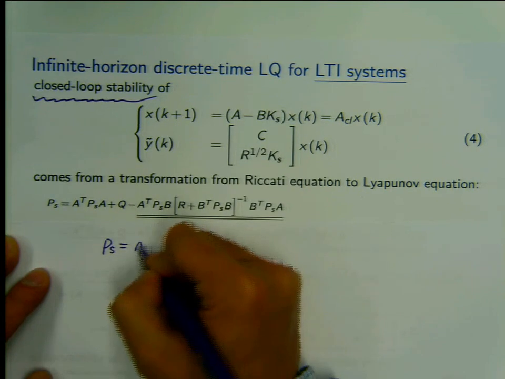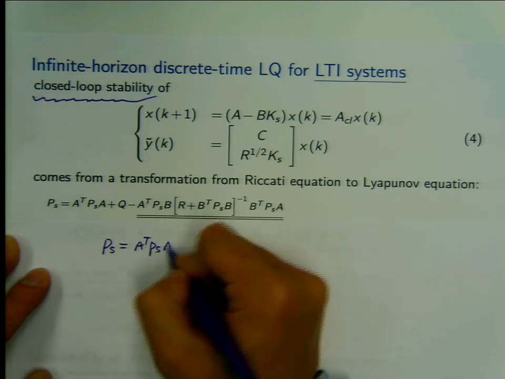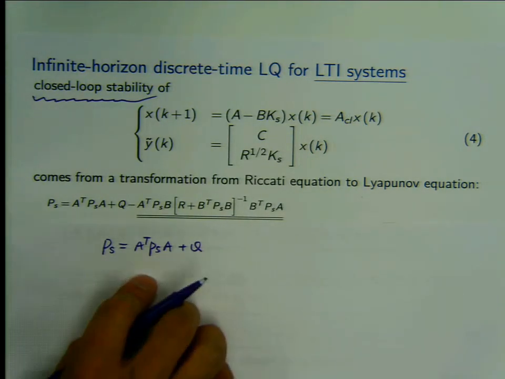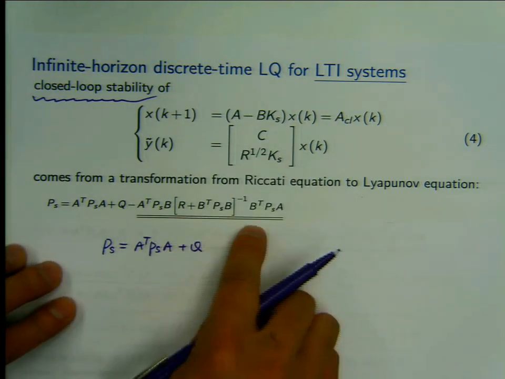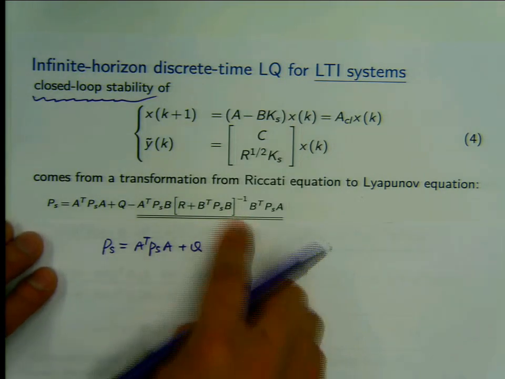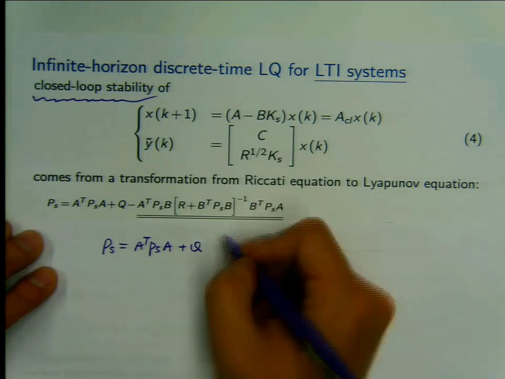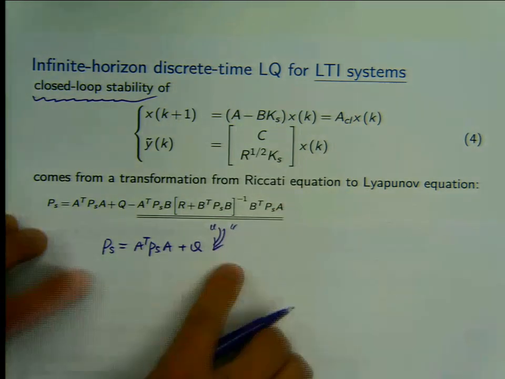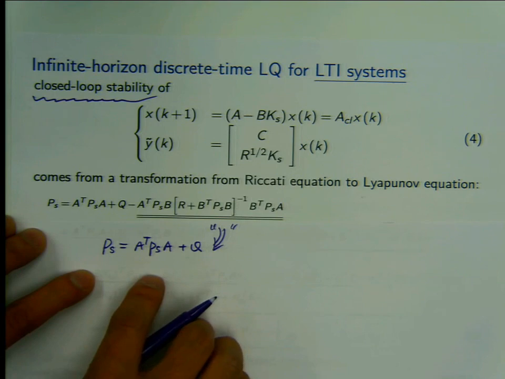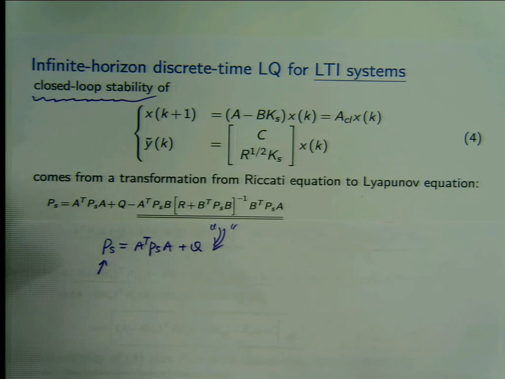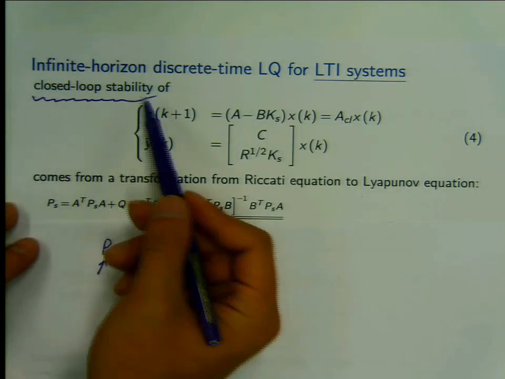P_s equals A transpose P_s A plus Q. This is sort of a standard Lyapunov equation. And we just have some extra terms over here. And my next purpose is to explain to you how this guy can be massaged into this Lyapunov equation. And then if I can do that, and I found this guy is positive definite, that means I have a valid Lyapunov equation to conclude the closed loop stability.